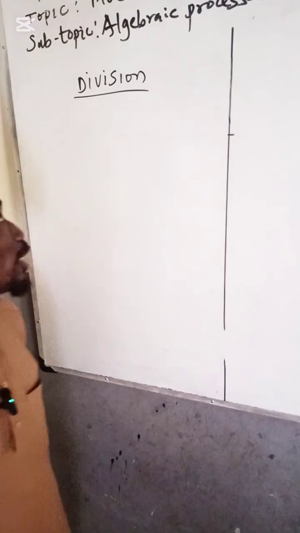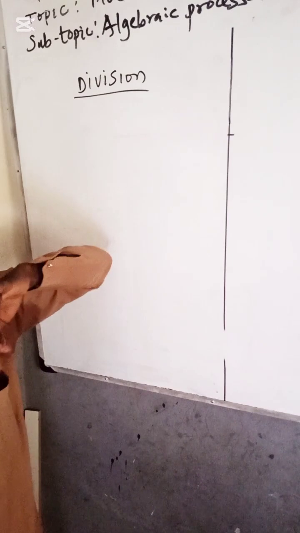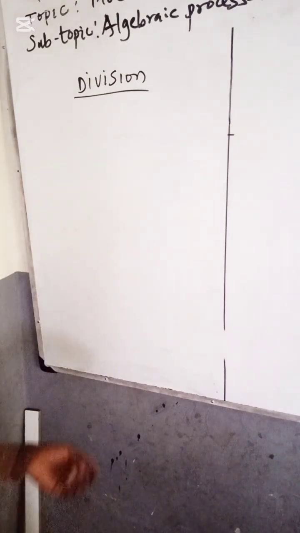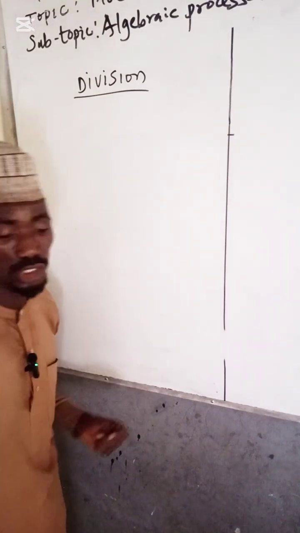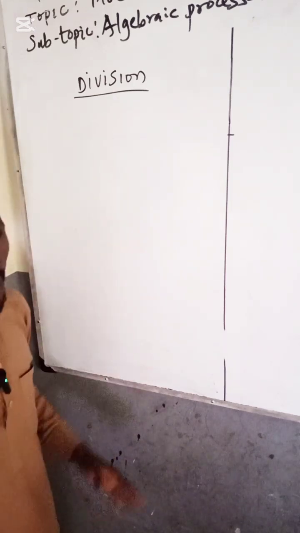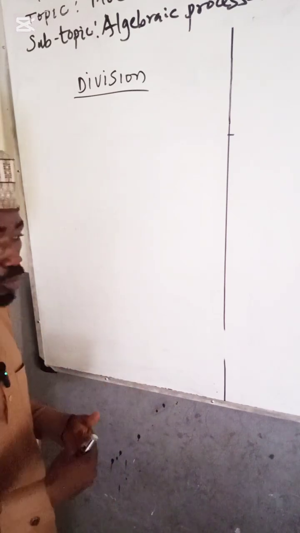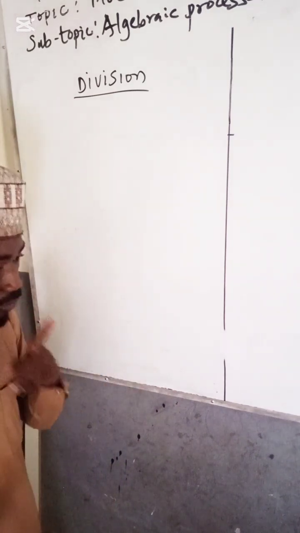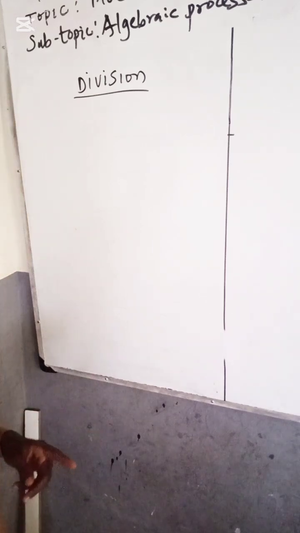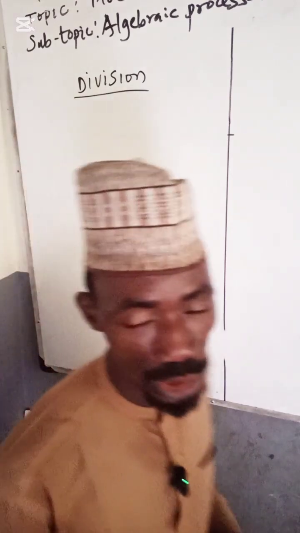As you can see on the board before us, we are on algebraic processes involving modular arithmetic. Now we are done with addition, subtraction, and multiplication. We are now on division. Of all the basic operations involving modular arithmetic, the toughest one among them is division, and it's also the most interesting one.